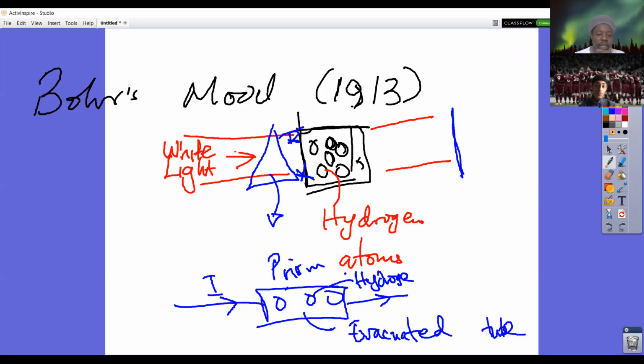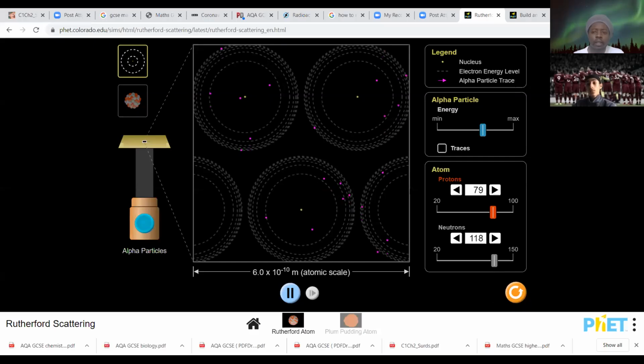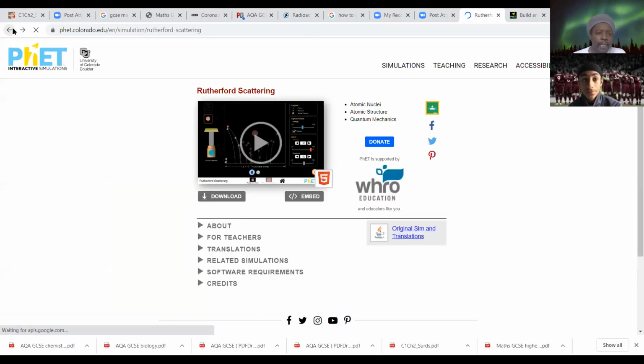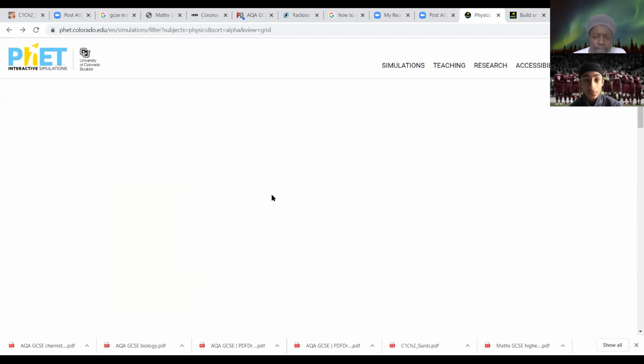So if I just change my screen share here, let's go here, new share, Rutherford scattering. And let's go back here. I think I might have to go further back.